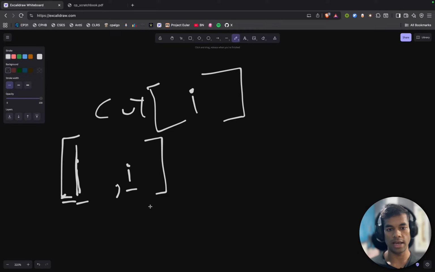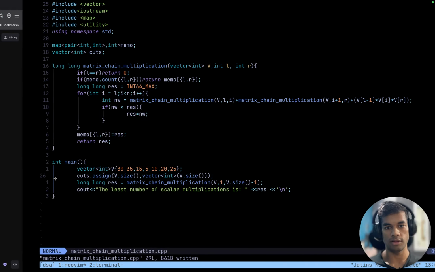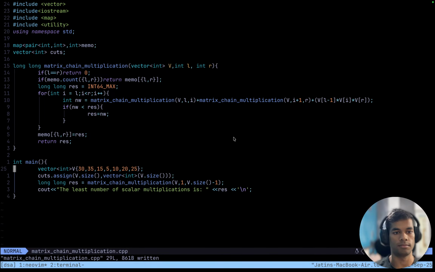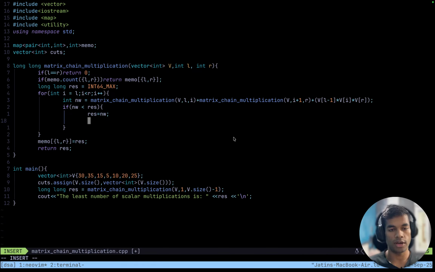That is what cut I is going to return. So that works. If the current one is better than the last one, the last one was infinity.